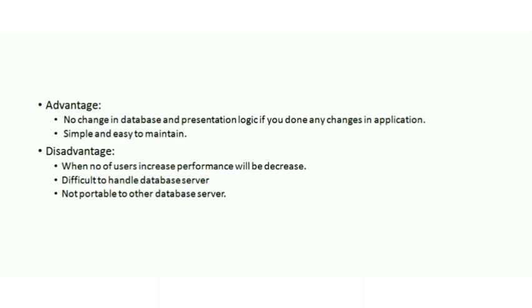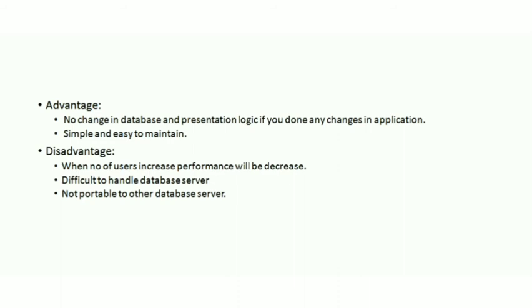But some disadvantages are also there. When the number of users increases, performance will decrease because it is hard to handle. It is also difficult to handle the database server, because all the database files reside at the server side and the number of users increases.